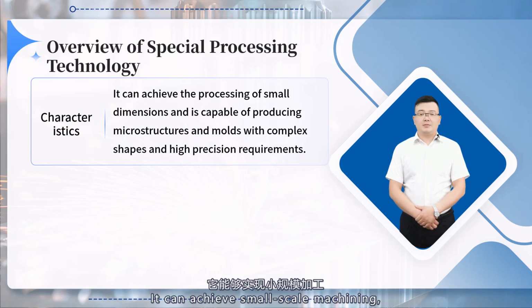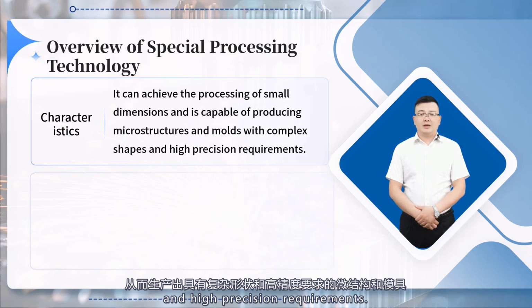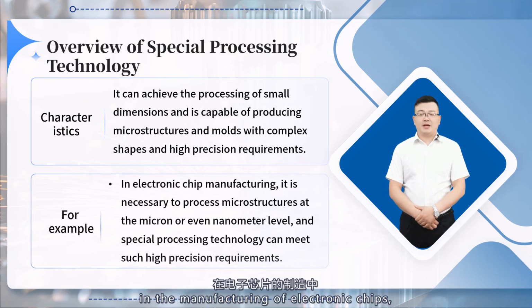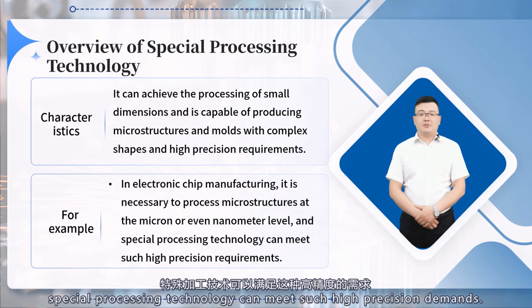It can achieve small-scale machining, enabling the production of microstructures and molds with complex shapes and high-precision requirements. For instance, in the manufacturing of electronic chips, where microstructures at the micron or even nanometer level are needed, special processing technology can meet such high-precision demands.